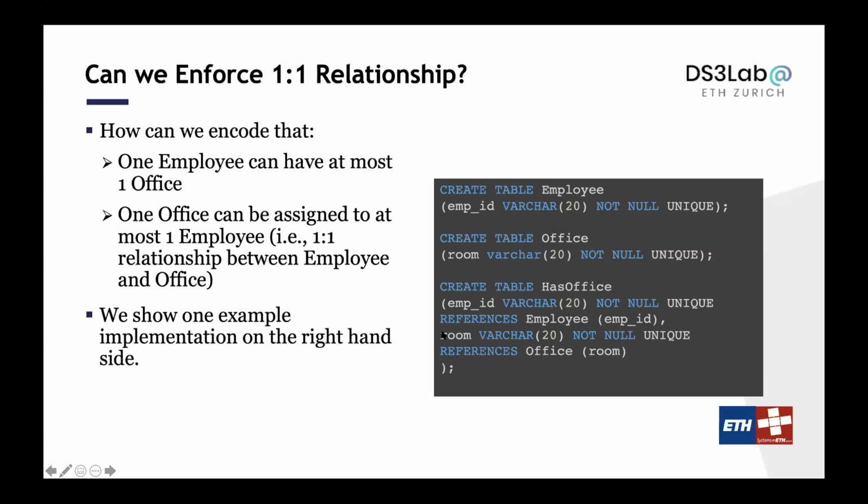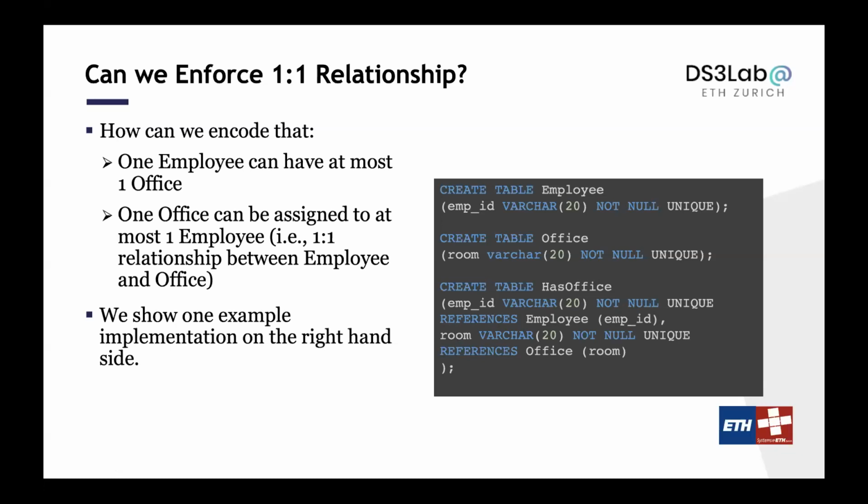It essentially specifies which employee has which room as office. I set employee ID to be not null, unique, and referring to the employee ID attribute of employee. And I have the room as not null, unique, referring to the room attribute of office.